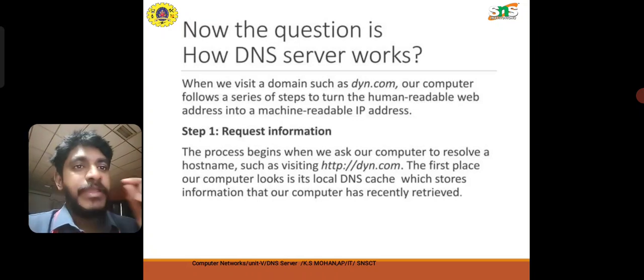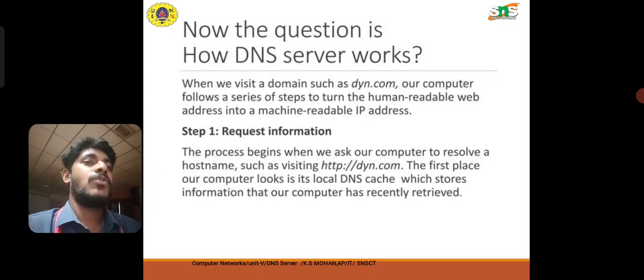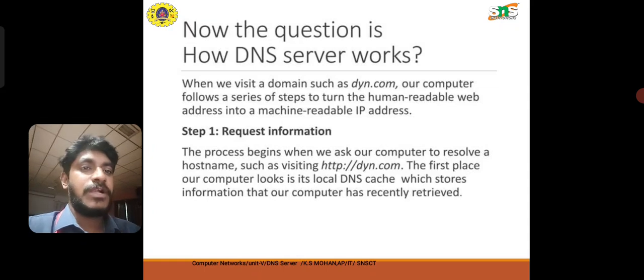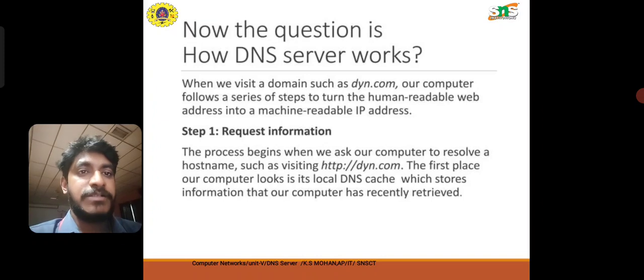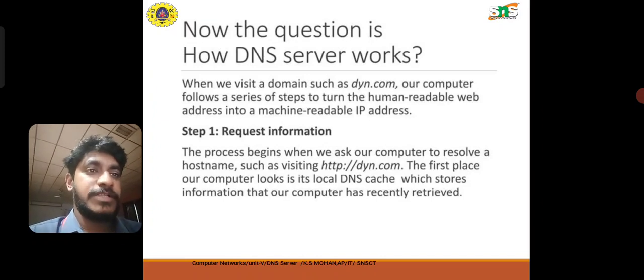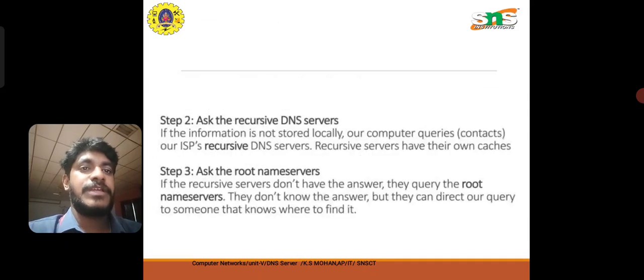The process begins when we ask our computer to resolve a host name, such as visiting dynamic.com. The first place our computer looks is the local DNS cache, which stores information our computer has recently retrieved.